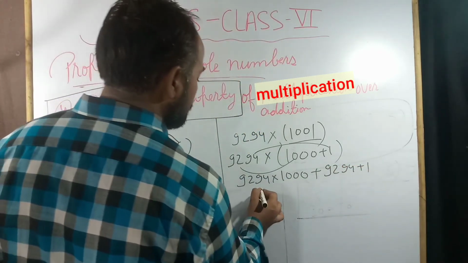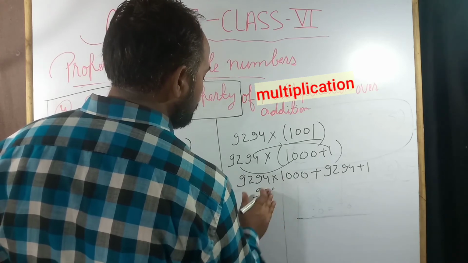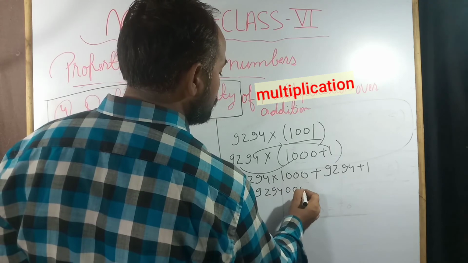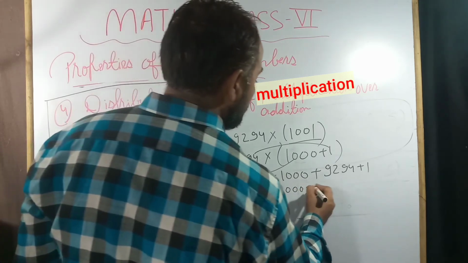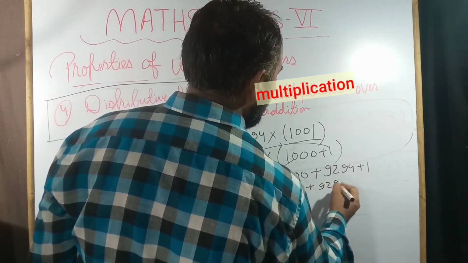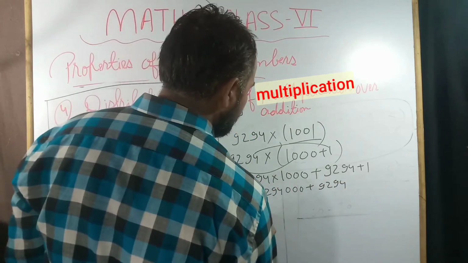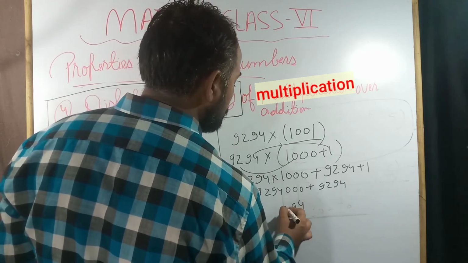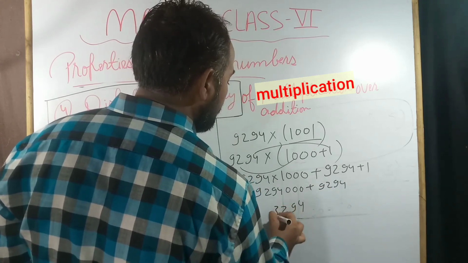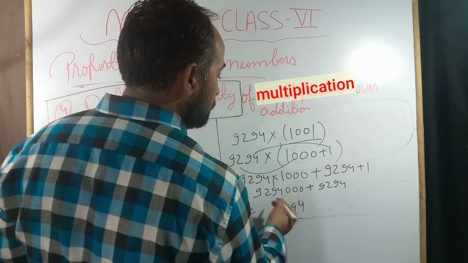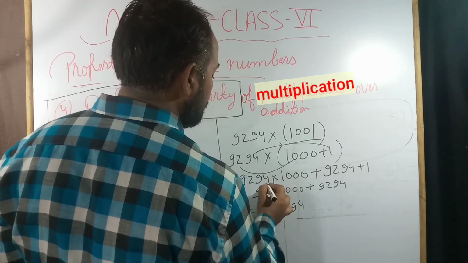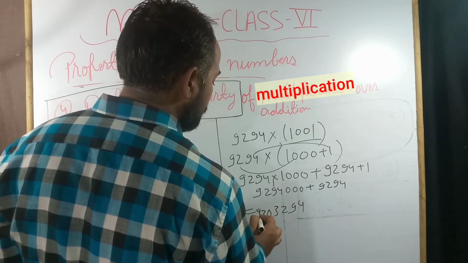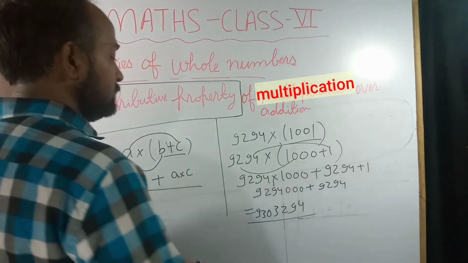So what will happen here? 9294 with the zeros, then 9294 added. Then the answer would be 9303294. Now 4, 9, 13. 1 is carry. Now here is 10, now 1 is carry. So this is an easy method.